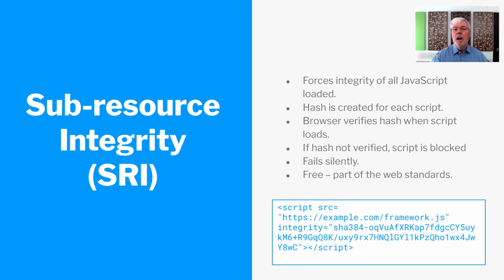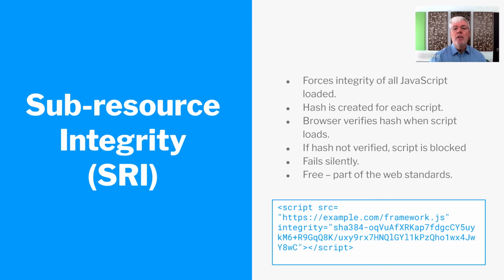To use SRI, when you include a reference to load some JavaScript into a web page, you append to the load command the hash of the JavaScript file that's being loaded. When the browser loads that JavaScript, it compares the hash you provided with the hash it generates itself in the browser, and if the hashes don't match, the JavaScript does not run.